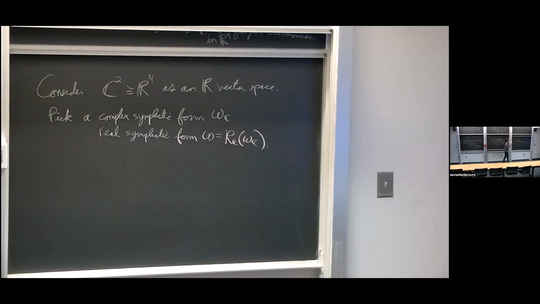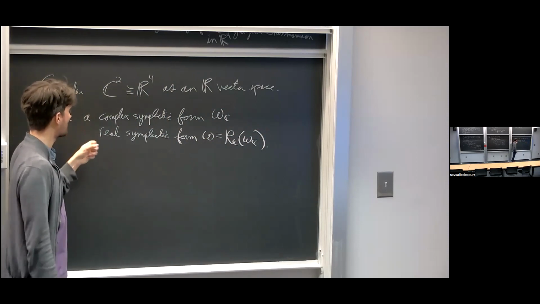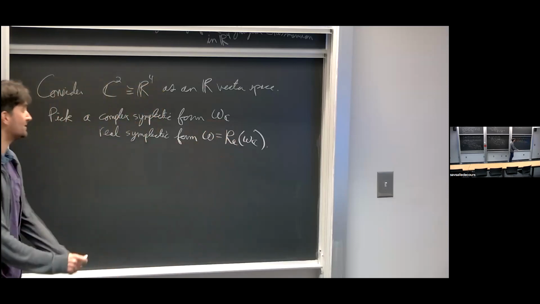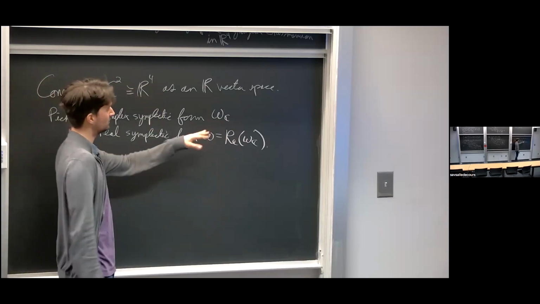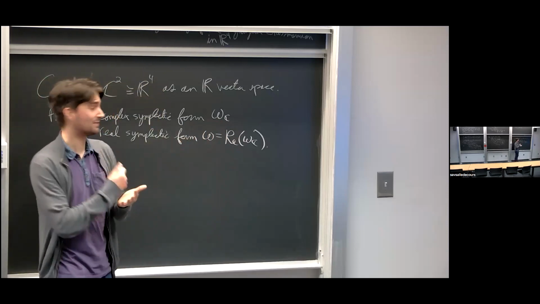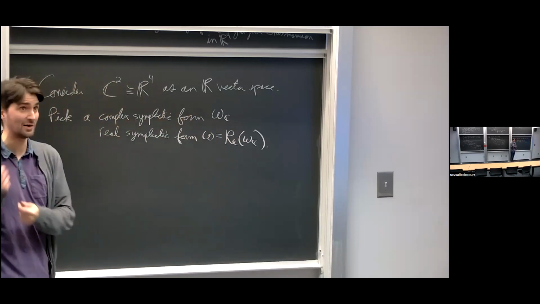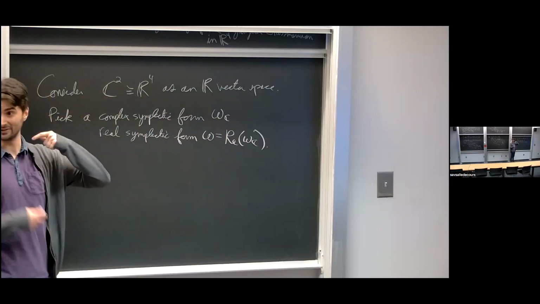Now, this gives you an action of the 4-dimensional real symplectic group on R4, which is compatible with an action of its subgroup, the 2-dimensional complex symplectic group, which is just SL2C, acting on CP1.